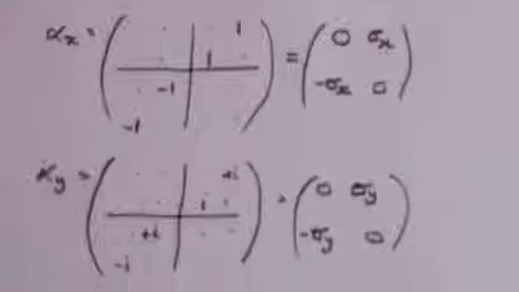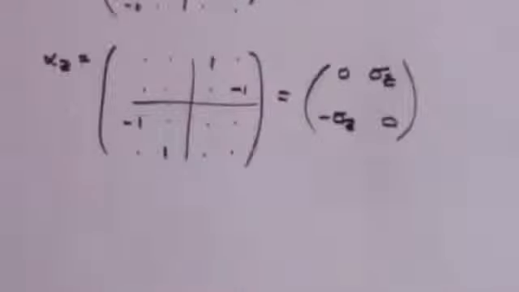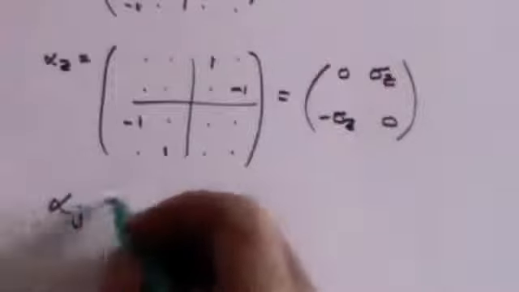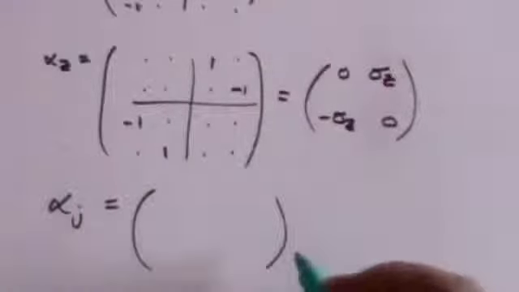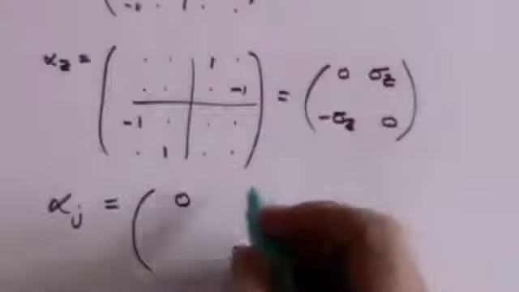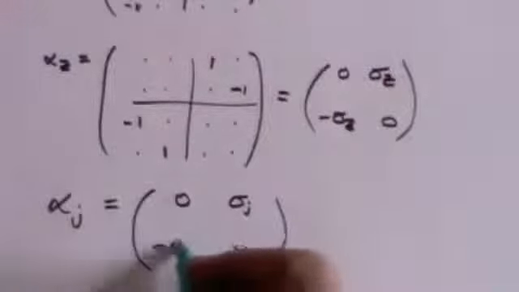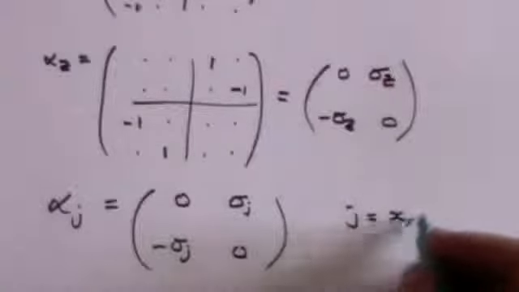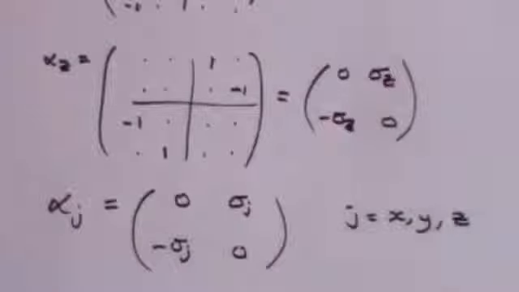So you can see the pattern for alpha x, alpha y and alpha z, that alpha j can be represented as 0 and 0, and then here you'll just use sigma j and minus sigma j, where j can equal x or y or z.